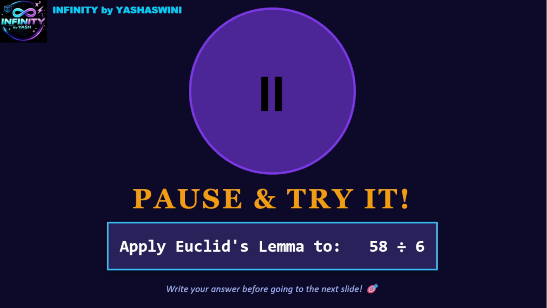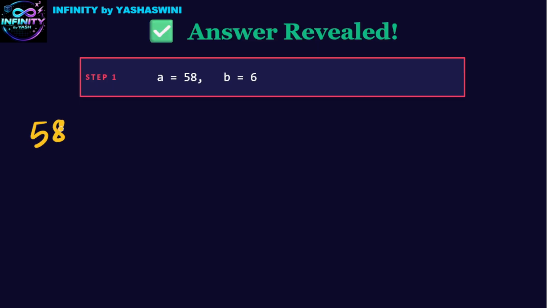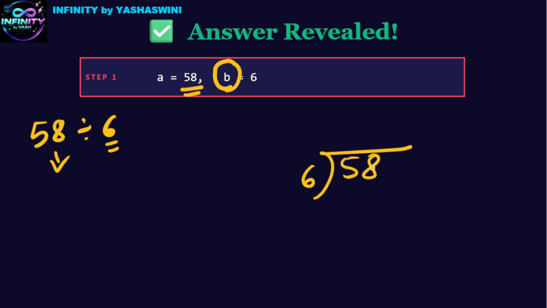Got it? Let's check together. If you are taking 58 divided by 6, 58 is a bigger number, so it becomes A and 6 becomes B. Now what are we doing? We are dividing 58 by 6. 6 times 9 is 54 and 4 is a remainder.